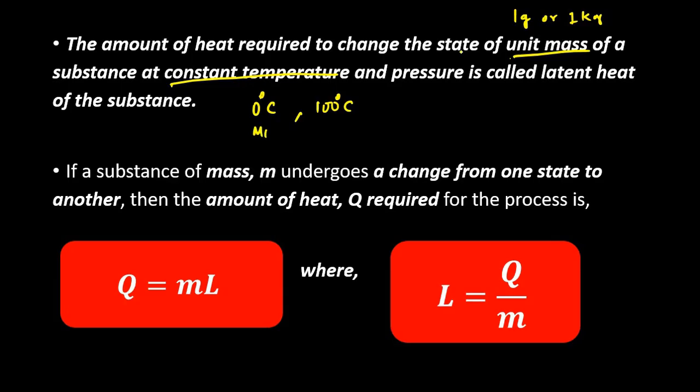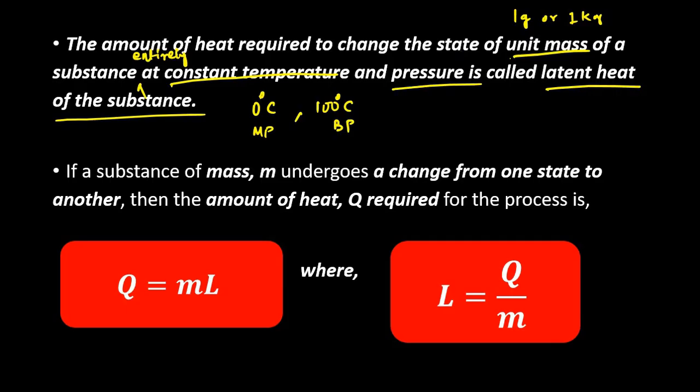Melting point, boiling point, only for water, ice, water vapor. For others, it is different. Now this is called the latent heat of the substance. So the amount of heat required to change the state of a unit mass of substance entirely, not even a shred left, at constant temperature and pressure, is called latent heat.